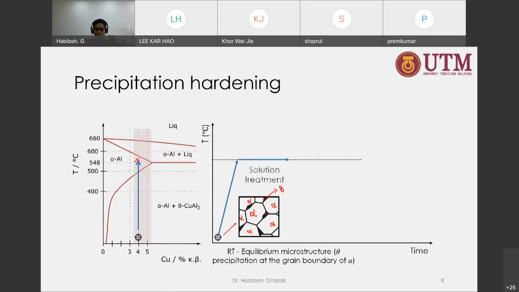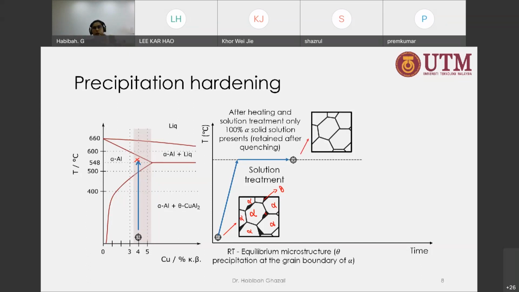We heat it up to around 548 degrees Celsius and let it sit at that temperature for a period of time. This soaking is what we call the solution treatment process.